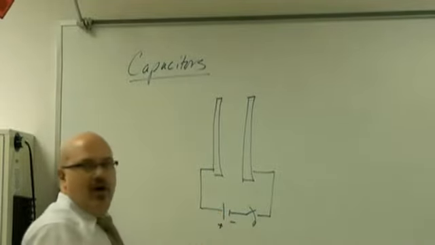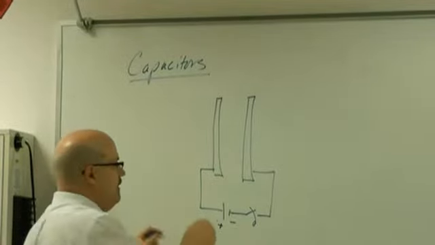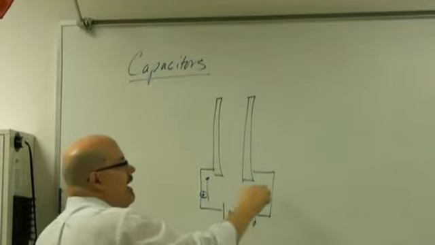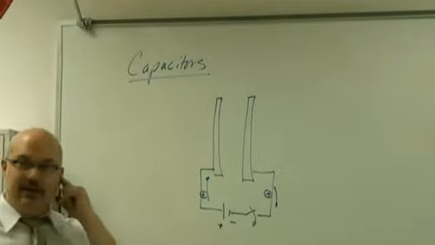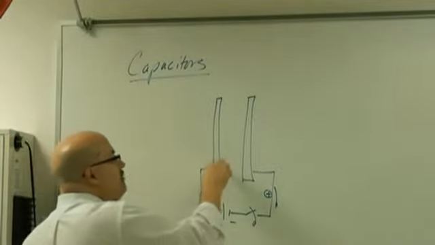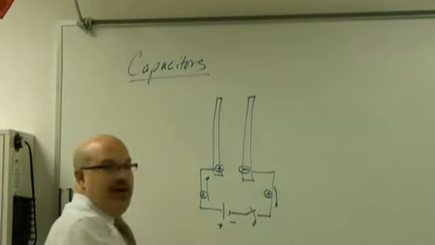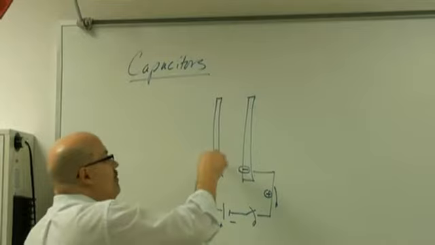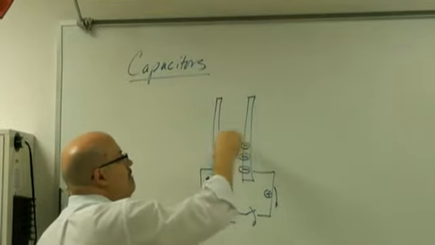We all know positives don't really move through solids, but we will assume positives will flow this way and this way simultaneously, adding charge here and subtracting charge over here at an equal rate. So this thing begins to fill up.